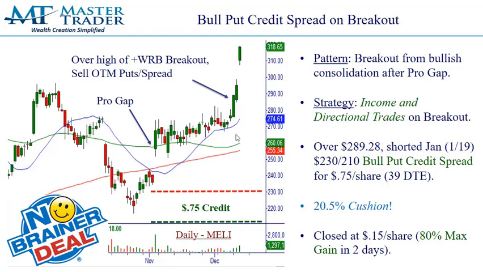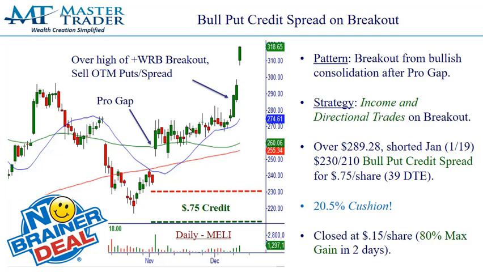All we're doing when we sell credit spreads is predicting where the stock is not going to go. So we profit 100% of this premium received as long as it closes above this short 230 strike in 39 days.